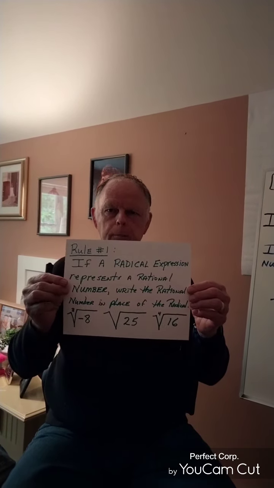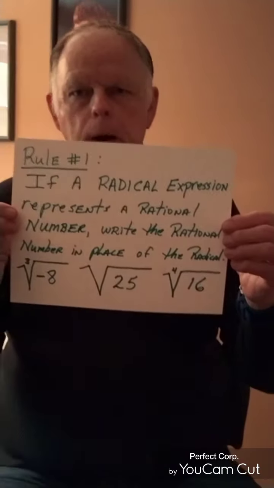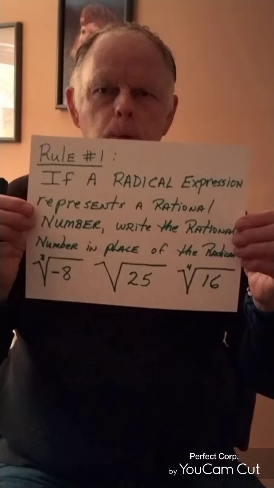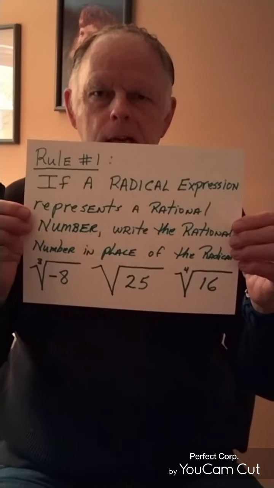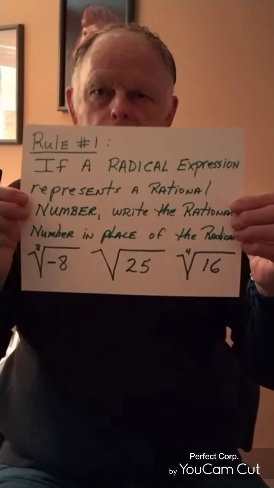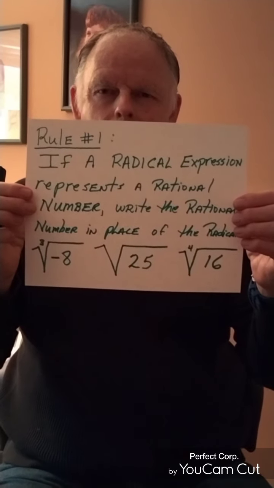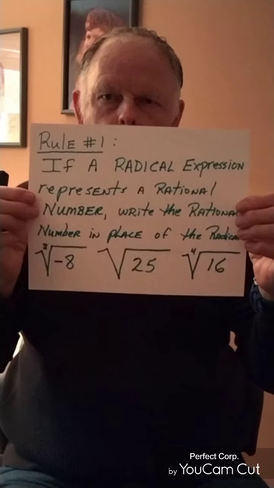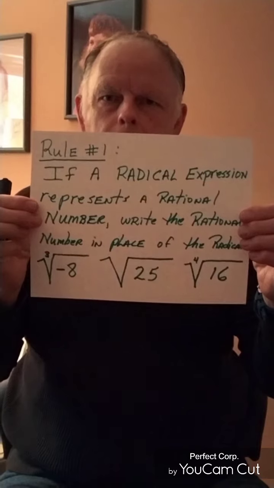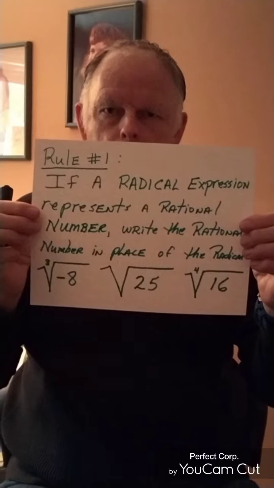That first rule from 9.1 was, if a radical expression represents a rational number, we write the rational number in place of the radical expression. Now, those three radicals that you see at the very bottom of this sheet of paper, all three of them represent rational numbers, because all three of them have radicands that are perfect nth powers.